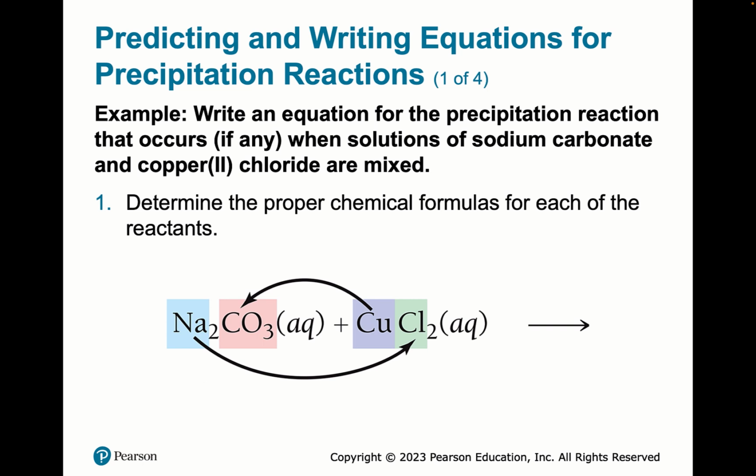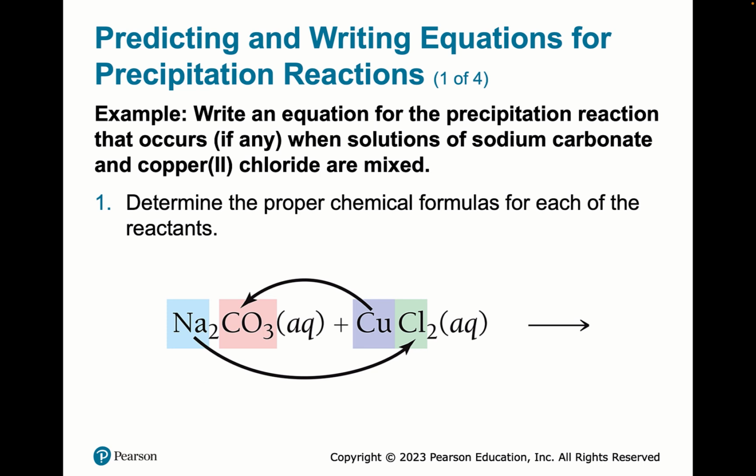Now, predicting them. If you look at these reactions here, sodium carbonate is aqueous, and copper chloride is also aqueous. Now you have to look at the rules and figure out: is the copper carbonate going to be insoluble, or is it going to be soluble? Is the sodium chloride going to be soluble or insoluble?